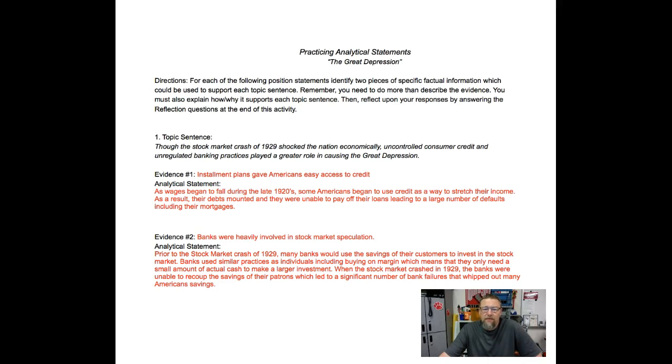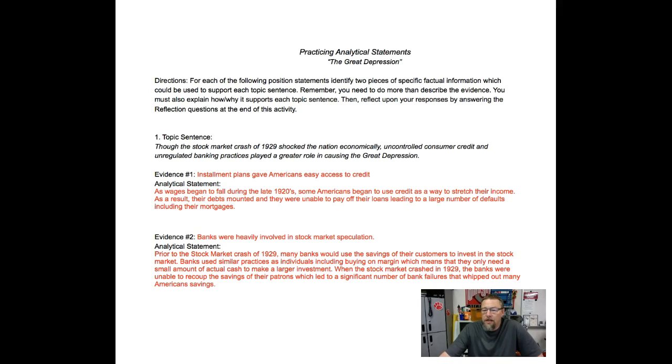The second piece of evidence that I gave was banks were heavily involved in the stock market speculation. So prior to the stock market crash of 1929, I write, many banks would use the savings of their customers to invest in the stock market. Banks used the similar practices as individuals, including buying on margin, which means that they only needed a small amount of actual cash to make a large investment.